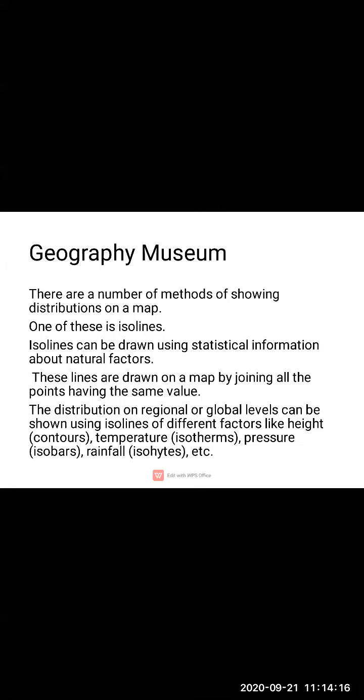Next is temperature, those are the isotherms, the lines which give information about the temperature of a particular region or country. Air pressure is shown with the help of isobars, and rainfall with the help of isohyets. So these are the different isolines used for showing distribution on regional or global levels, and we can use them for different factors also.